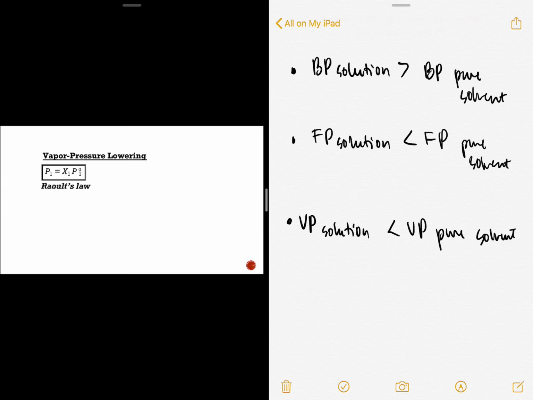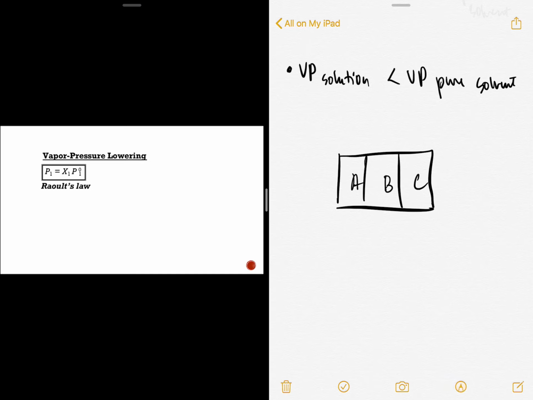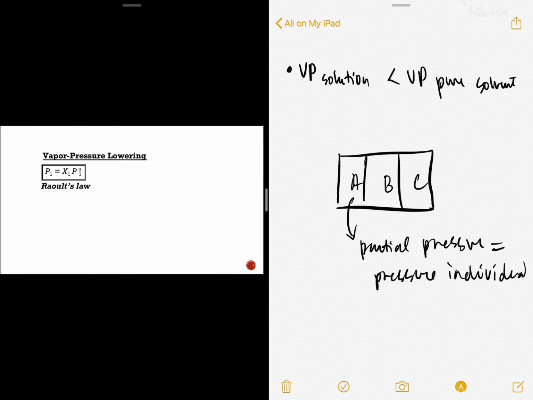states that the partial pressure of each component of an ideal mixture of liquids is equal to the vapor pressure of the pure component multiplied by its mole fraction in the mixture. Now, say for example, you have here a solution, no? You have component A, component B, and component C. Ang sinasabi natin na partial pressure is the pressure of the individual components.